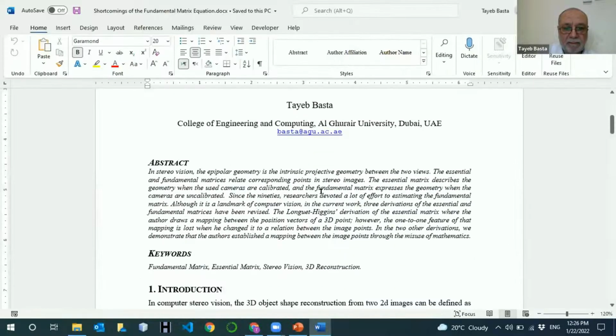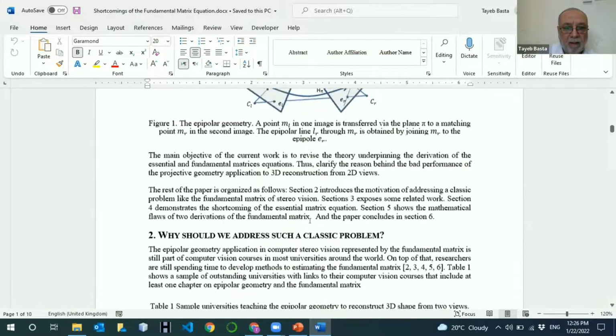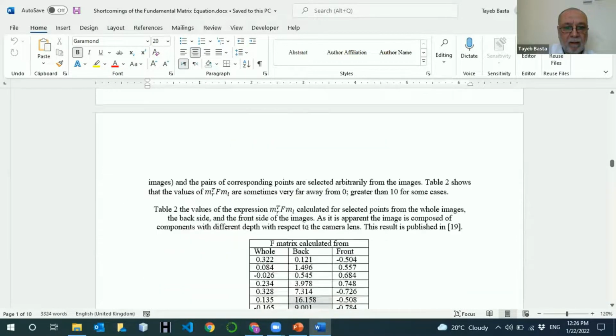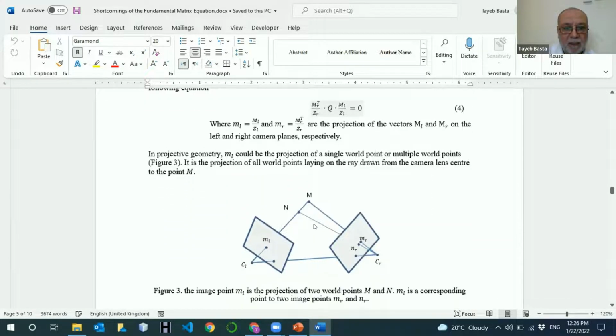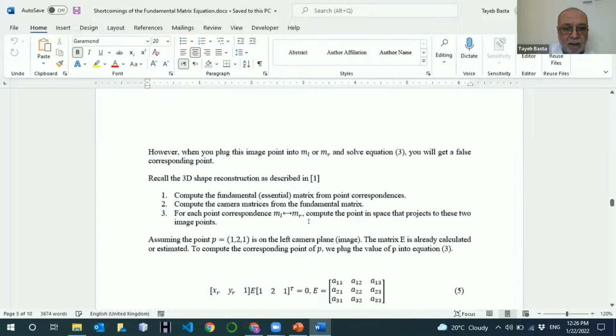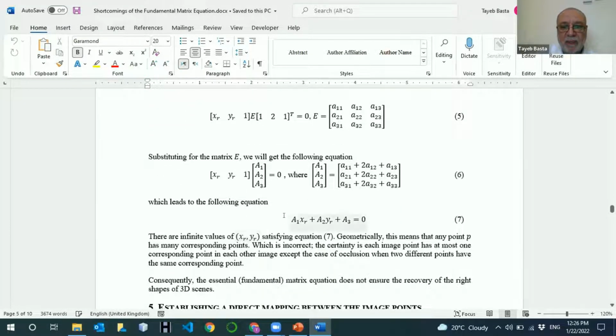So at the end, this is the equation that is the result of Longuet-Higgins theory. It says that once given one point from the left, using the matrix, which is the essential matrix, and later on called the fundamental matrix, you can find its corresponding point on the right side.